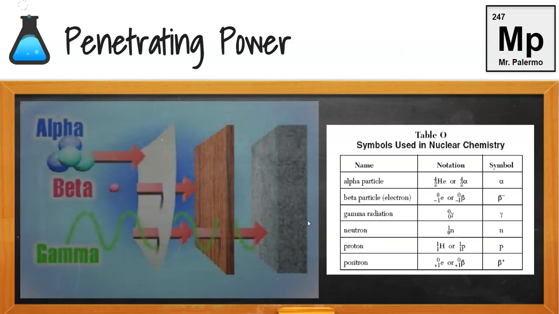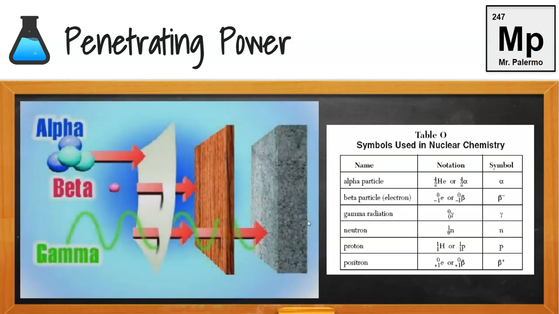Now looking at their ability to penetrate objects, the alpha particles have the least penetrating power. If you look at the notation, this should make sense, because comparatively to beta and gamma, they have the most mass and the most charge, so they're moving slowly and they are much larger. And so we can block alpha particles with paper. Beta particles have greater penetrating power than alpha, because they have almost no mass, but they do have a charge, and so we can block beta particles with a thick piece of wood.